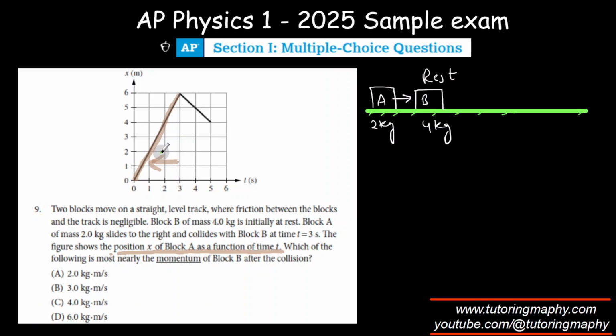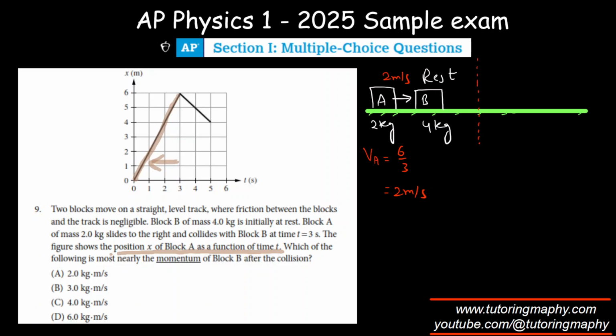Since the slope of the displacement versus time curve gives the velocity, here we can just find the slope, which is a rise of 6 units and a run of 3 units. So 6 over 3 is 2. The velocity of A before the collision is 2 meters per second.